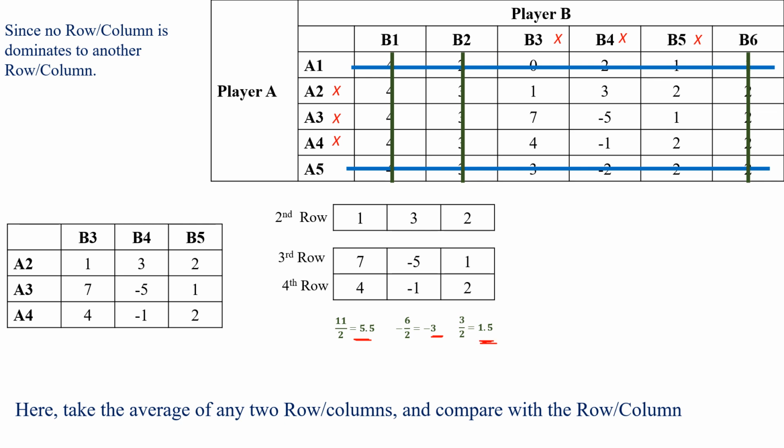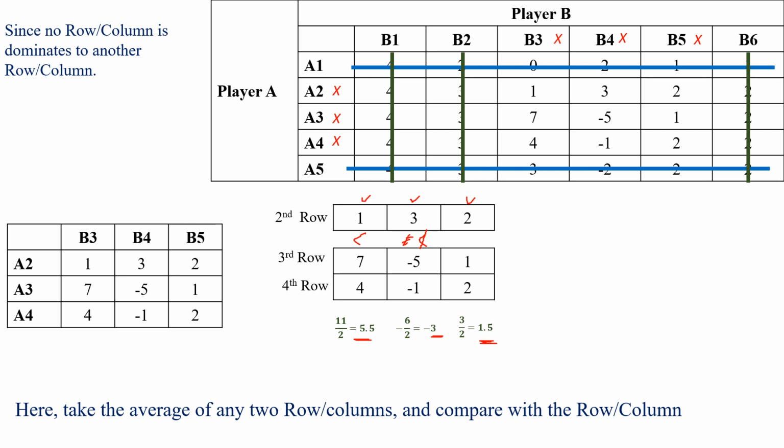So compare the second row elements 1, 3, 2 with the average values of the third and fourth rows, that is 5.5, minus 3 and 1.5. Here 1 is less than the 5.5 but 3 is not equal to the minus 3 and not less than the minus 3. So here dominance rule is not satisfying.